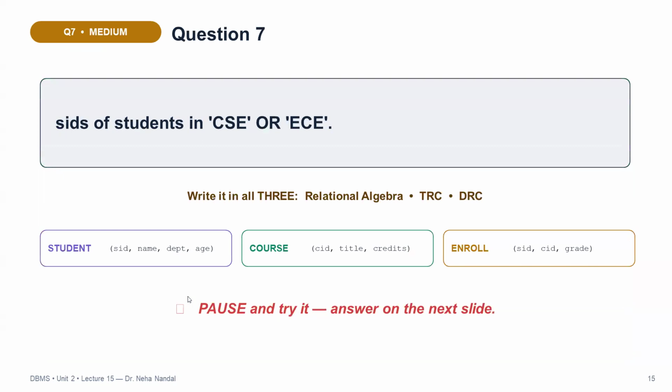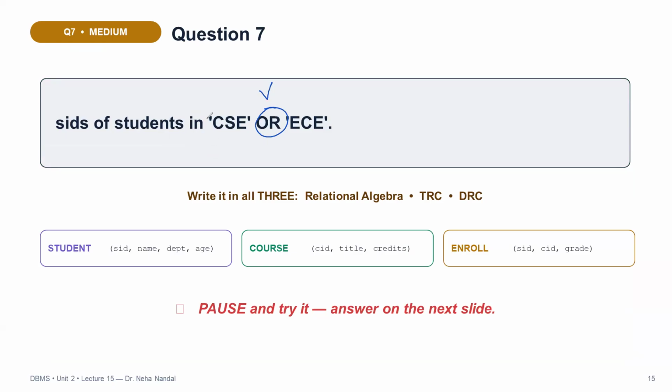The next question is, you have to display SIDs of students in CSC or EC. That is the question: who belongs to CSC or EC? Here one thing changes: or. So we will utilize or. It is again a similar kind of stuff. We'll see how it will work.